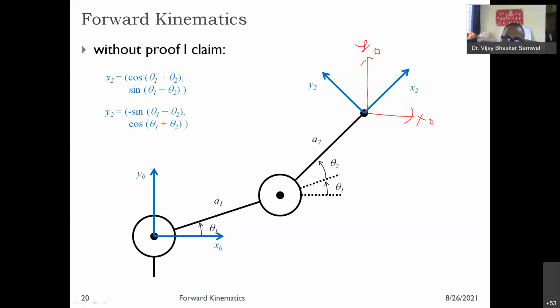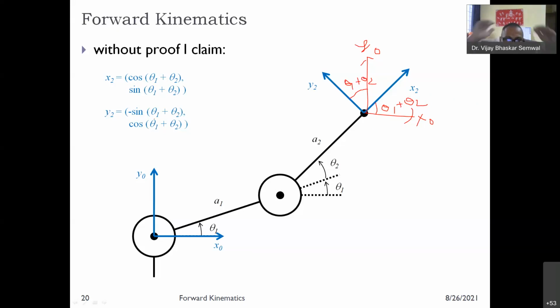What is this angle? This is theta 1 plus theta 2. And what is this angle? This is again theta 1 plus theta 2 in the negative direction. Now I need to calculate x2. What will x2 be? What component of x0 will it be? cos(theta 1 plus theta 2).